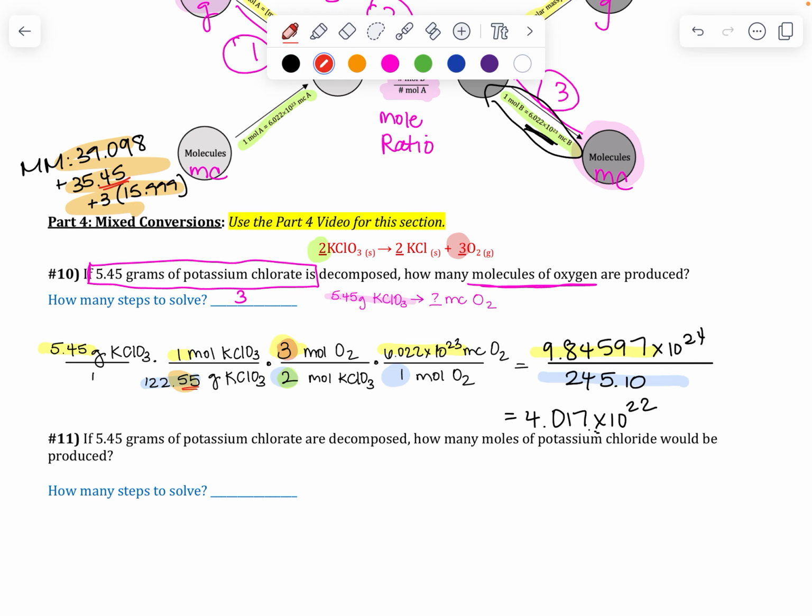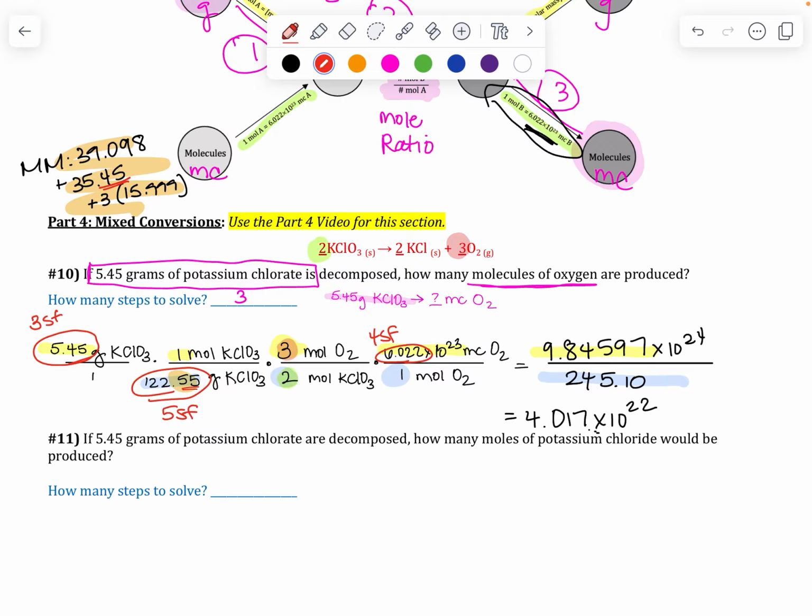So sig fig rules, we're looking at those values that we have in our work. So I have 3 sig figs in my given. This molar mass has 5 sig figs. Our mole ratio, these are exact numbers, so those don't contribute to sig figs. Avogadro's number is 4 sig figs.